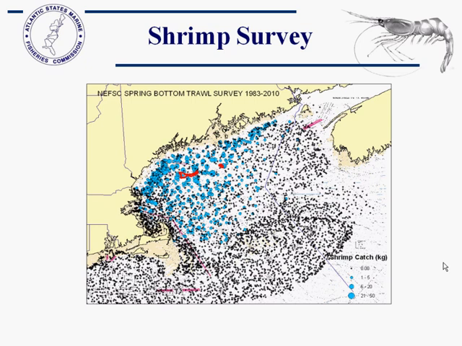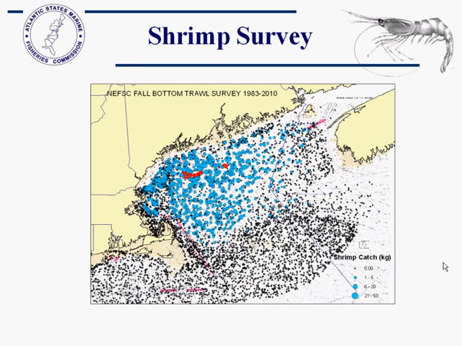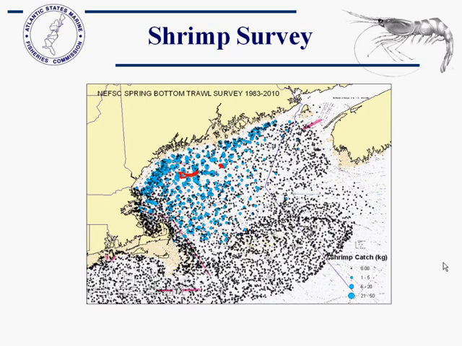But there doesn't seem to be a break along the coast, so that you'd have one stock here and one stock here. It seems to be pretty continuous. So that's the spring. Oh, go back. I'm sorry. The spring survey, you can notice that the shrimp are kind of bunched up along the coast, and that's because they've gone inshore for the winter, and they're still sort of on their way back offshore.